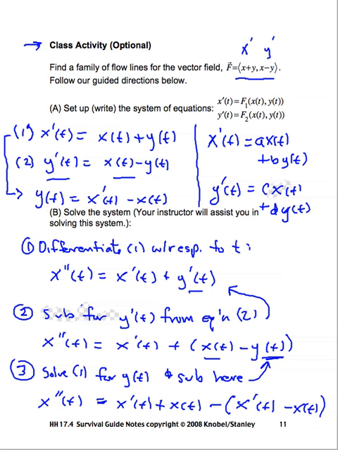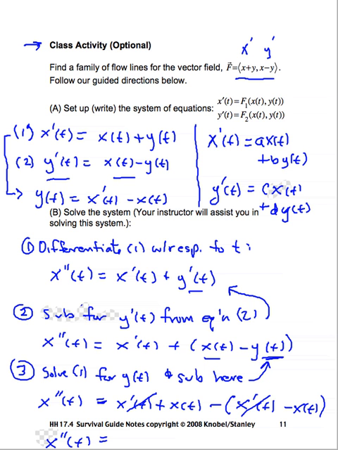And if I simplify this, what I'm going to get here is x double prime of t is equal to, now you can see the x prime and the x prime are going to cancel, so those two are going to drop.